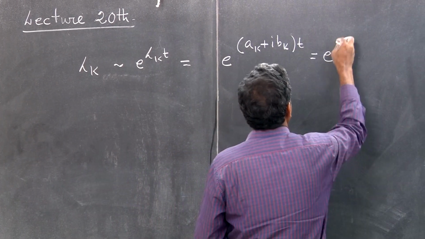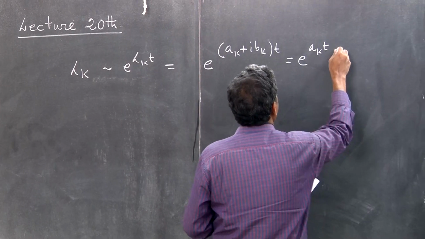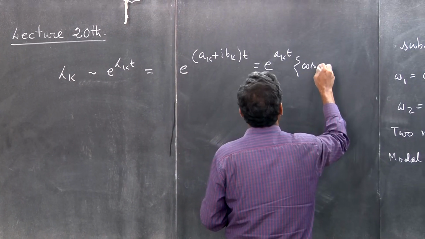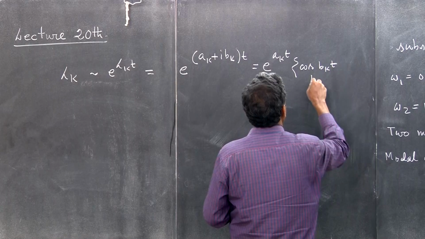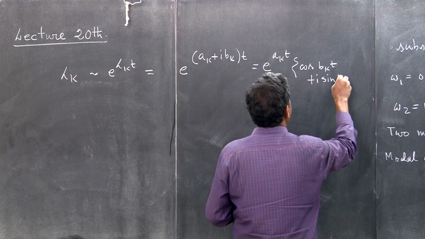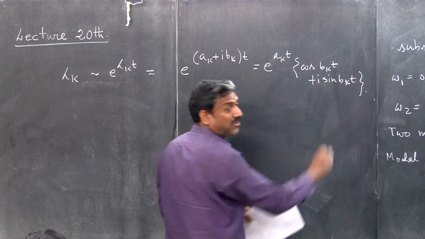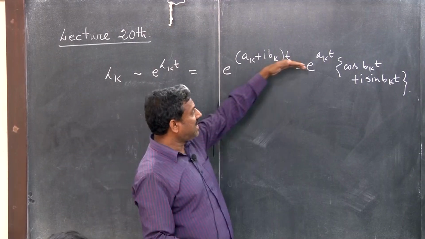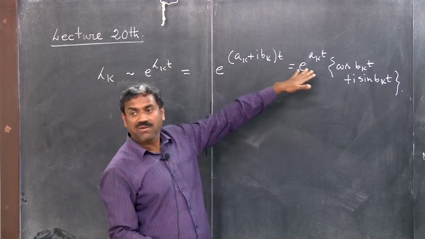So e to the power a k t, and then cosine of b k t plus i sine b k t, right? So you see this is the envelope function.